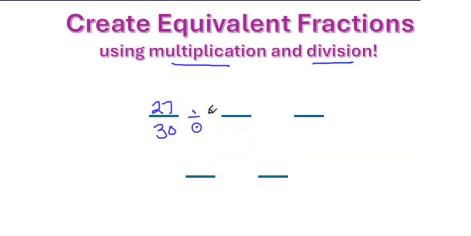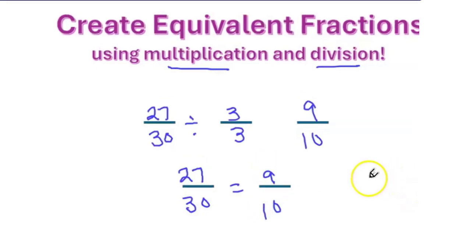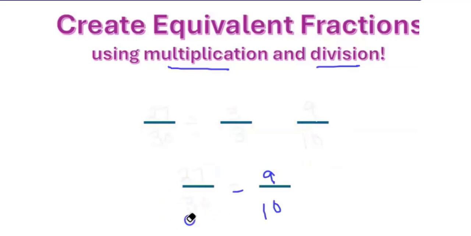Well, then we can divide by 3 over 3. 27 divided by 3 is 9. 30 divided by 3 is 10. Therefore, 27 over 30 equals 9 over 10. So as you can see, you can find equivalent fractions with any fractions once you know the secret of using multiplication and division.